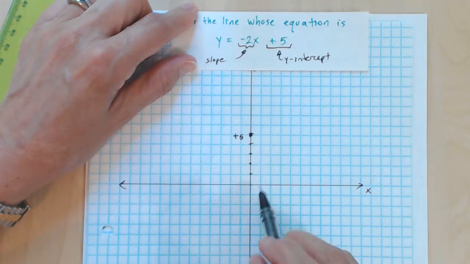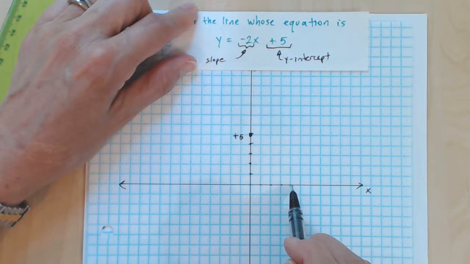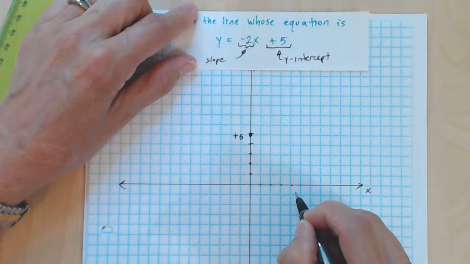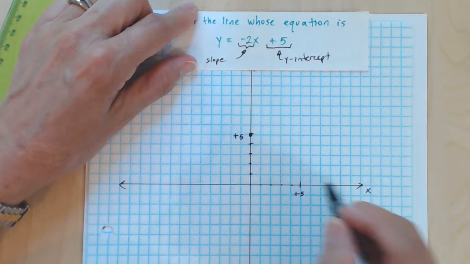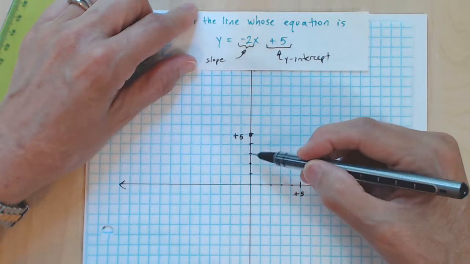I cannot just assume that my x-axis is scaled the same as my y-axis. I must indicate it. So I'll count out 1, 2, 3, 4, 5 and go to the positive 5 on the x-axis, and now I'm cleared to go ahead and count the slope here.